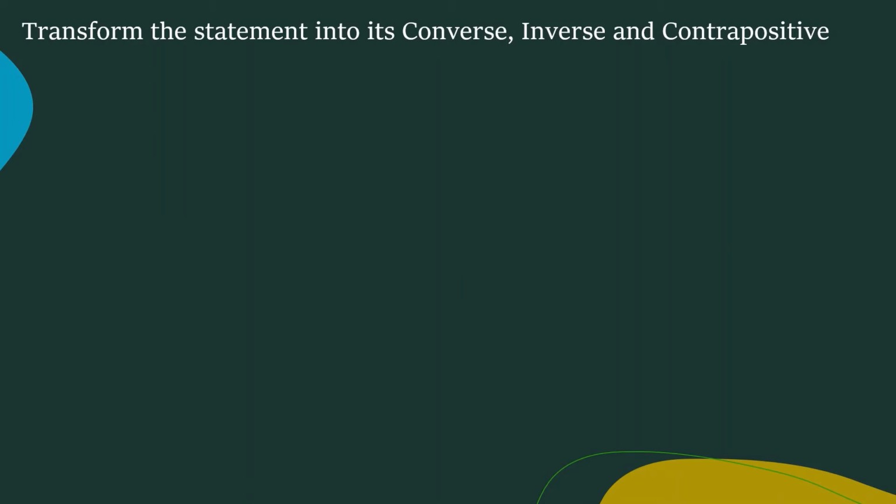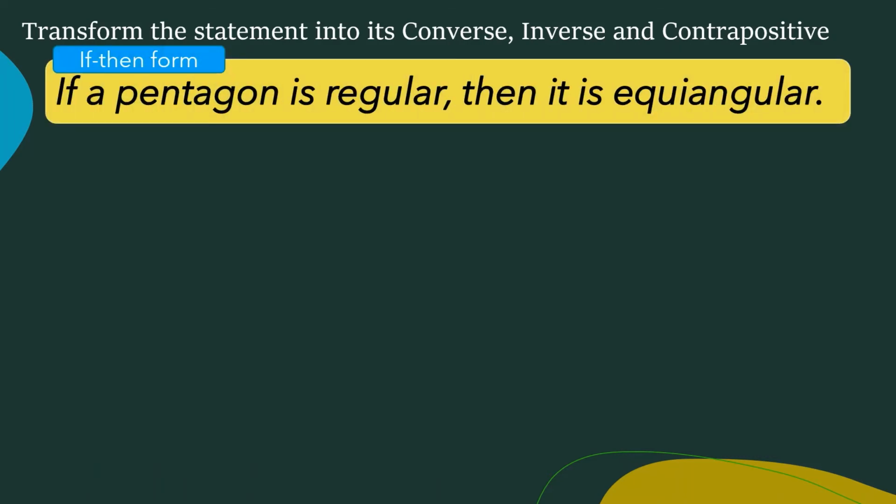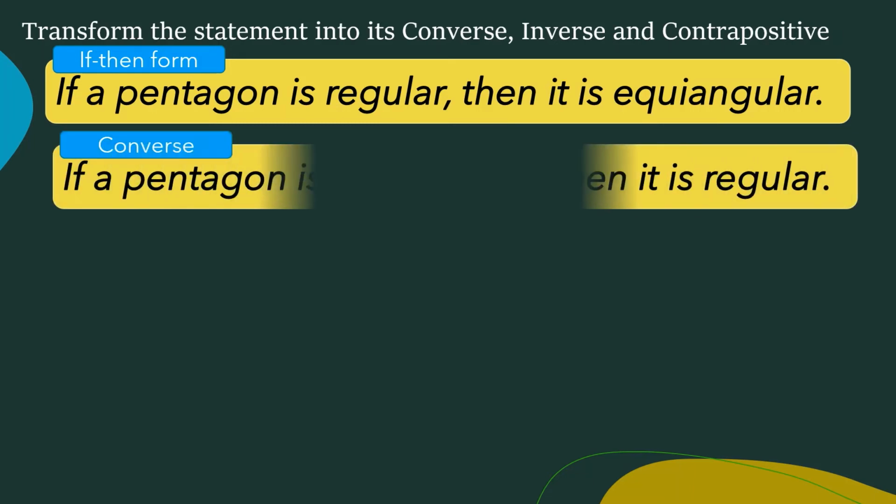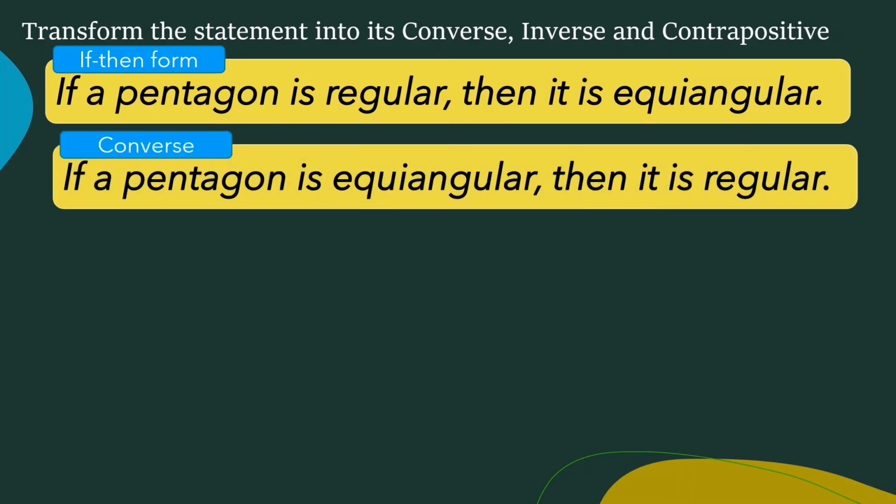Now, let us transform the statement into its converse, inverse, and contrapositive. So given the conditional statement or the if-then form, if a pentagon is regular, then it is equiangular. What is its converse? The correct answer is, if a pentagon is equiangular, then it is regular.